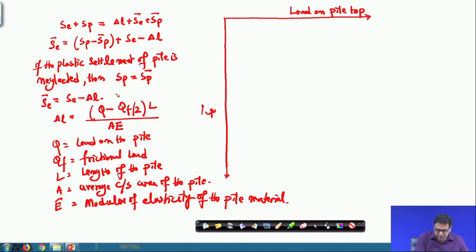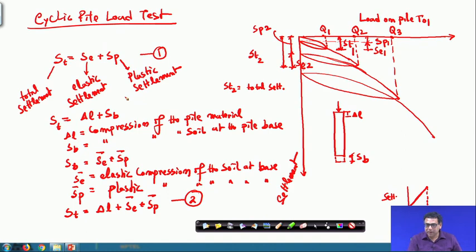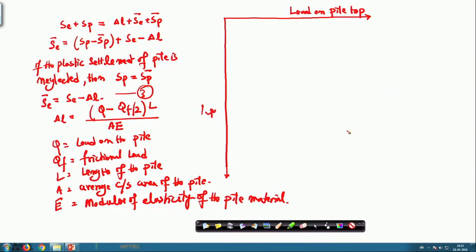So I will get this equation 3, I will get AC from this original curve, and del L I will get from this expression. So now I am plotting load on pile top versus AC bar. So, first, step 1.